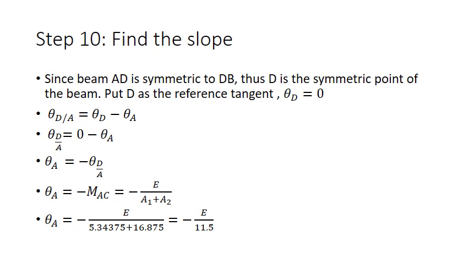So if we substitute A1 plus A2, we will get slope A equals minus E over 5.34375 plus 16.875, equals minus E over 11.5.